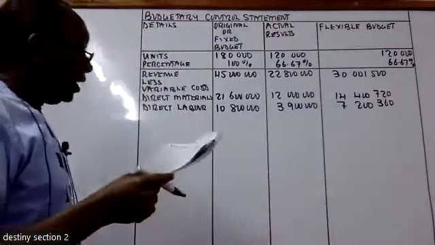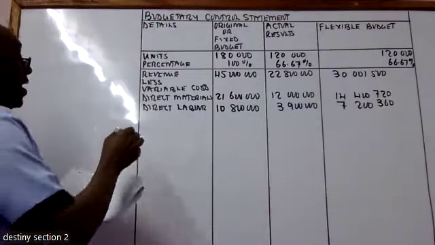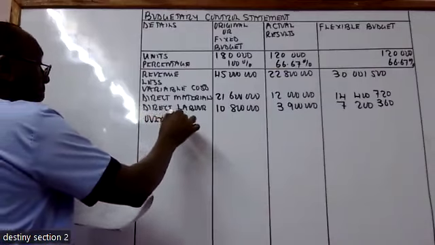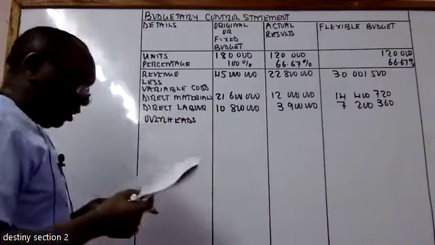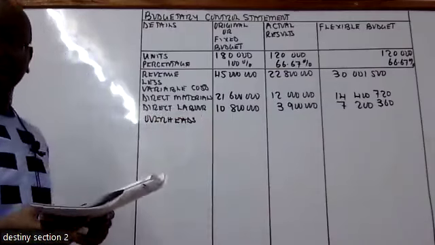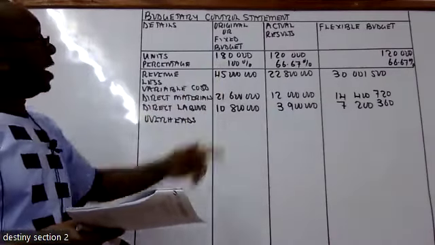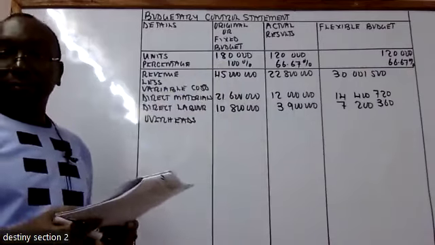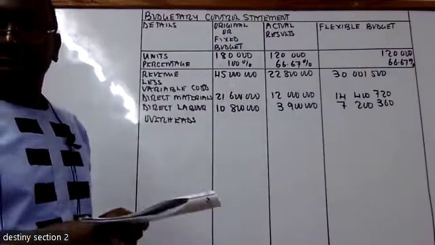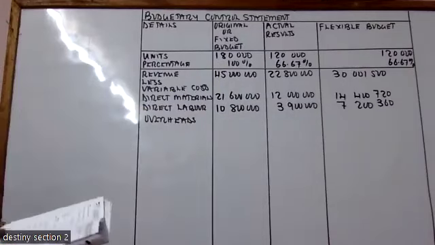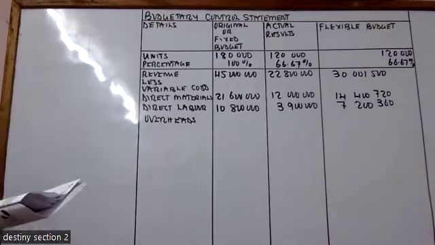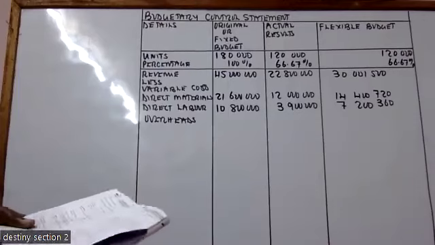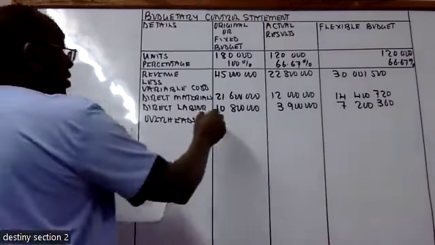The next item is overheads, which are variable. So the overheads, it is 20. So 20 multiplied by 180,000 is 3.6 million.